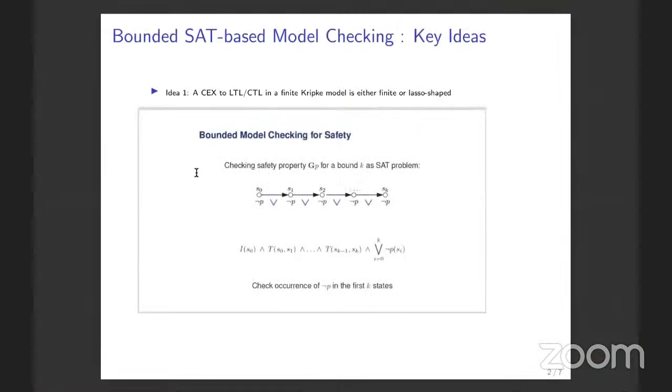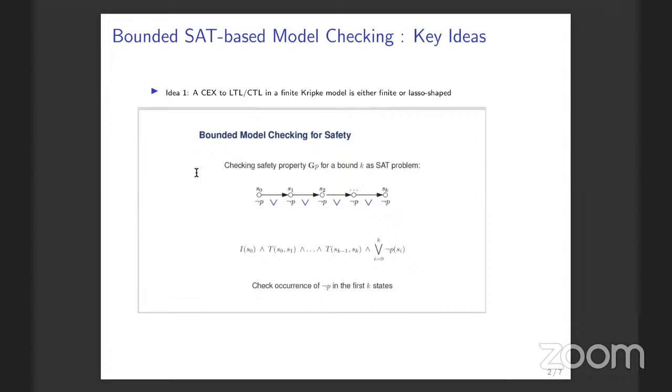Yes, last week we discussed the key ideas behind bounded SAT-based model checking, and I also introduced the concept of inductive invariance. So let me quickly recap the ideas behind bounded SAT-based model checking.